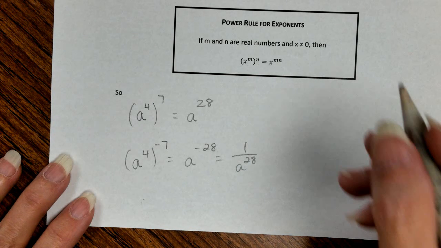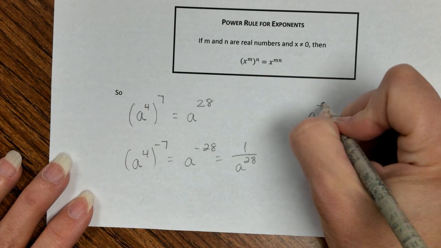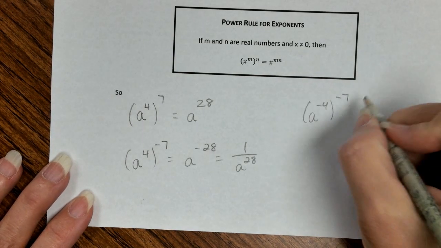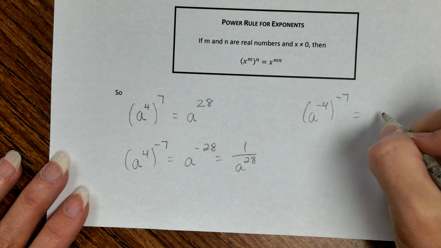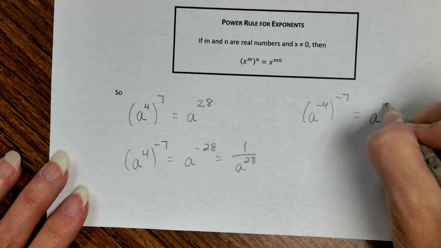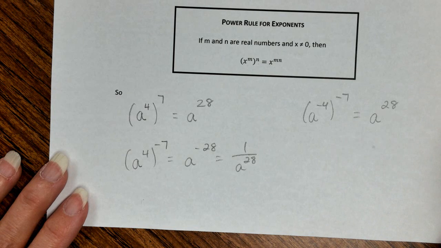Alright, what if both of them are negative? A to the negative 4 to the negative 7. Well, when you multiply numbers that are the same sign, you get a positive result, so that's a to the 28th again.